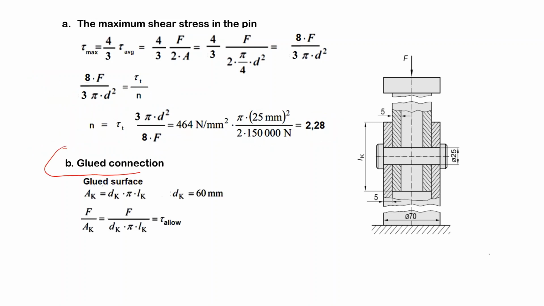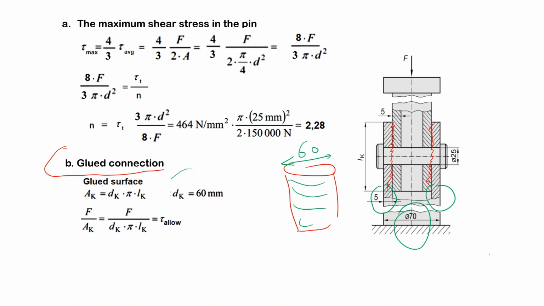Second part of the question, here we try to make this connection by gluing. Okay, this is the area where I apply the glue. Okay, so the diameter is, here I have 70 minus 5 minus 5, the diameter is 60, and this length is LK, which has to be determined.